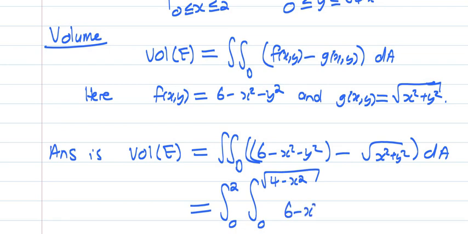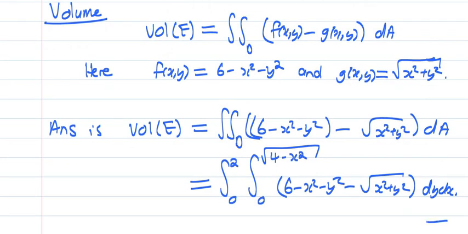You have the top surface minus the bottom surface, and we pick the order dy dx. This is just one answer. It's not the only answer. You also could have picked the order dx dy. Now, if you want to evaluate this double integral, yes, you can. Just use polar coordinates. It's a little calculation, but it is doable.